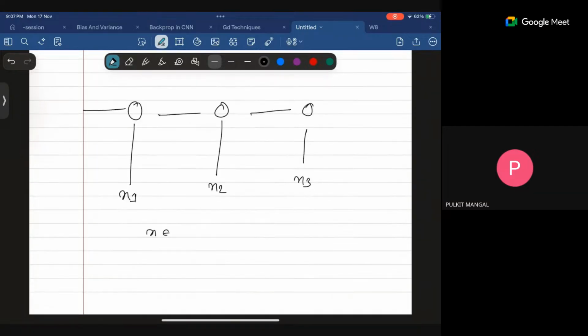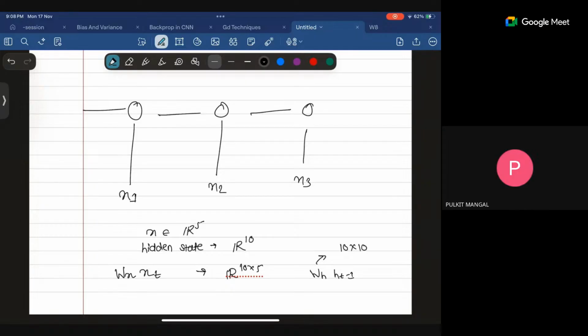If my x is of dimension R5, and I keep my hidden state dimension as R10, then my WX matrix that will be multiplied with my x will be of size what? 10 cross 5. My WH matrix that will be multiplied with any hidden state will be of dimension 10 cross 10.